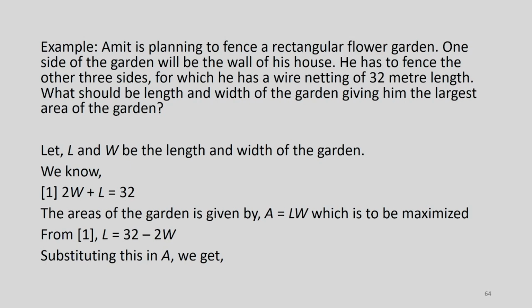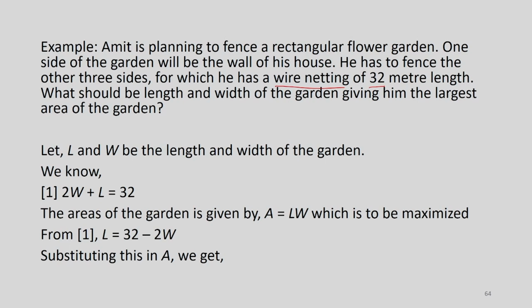So the summation of these three sides must be equal to the length of the wire netting that he has, right? The wire netting that he has is 32-meter long. So this 32-meter long wire netting must be able to cover the three sides that he will be planning for the garden.